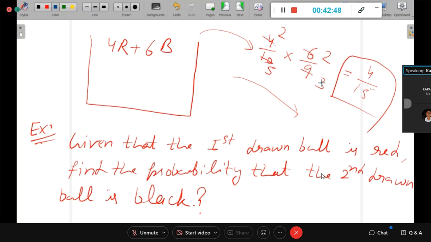But sir, if we consider that for the first card there are four options, and for the second card there are six options, why can't we do 4 into 6 by 10C2?